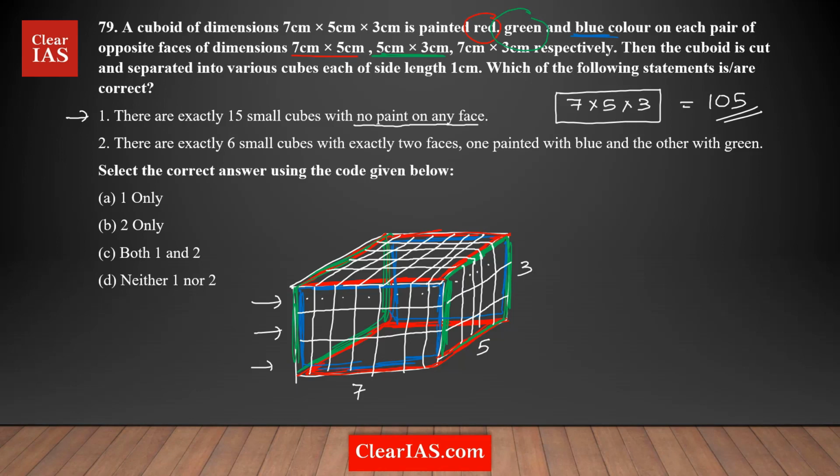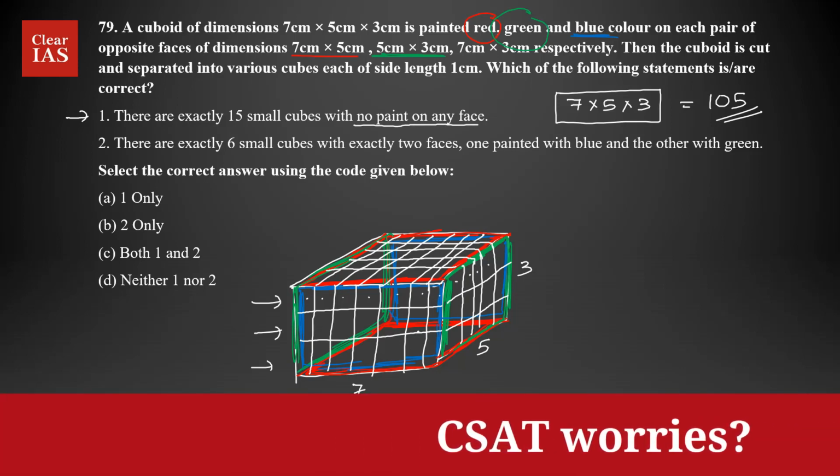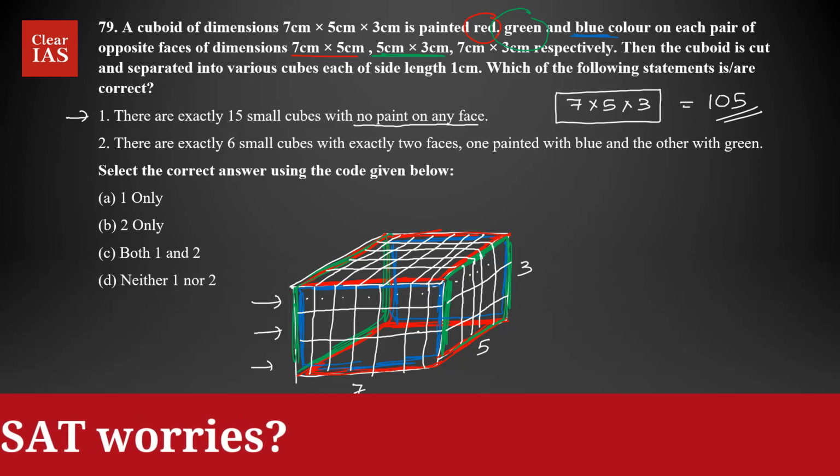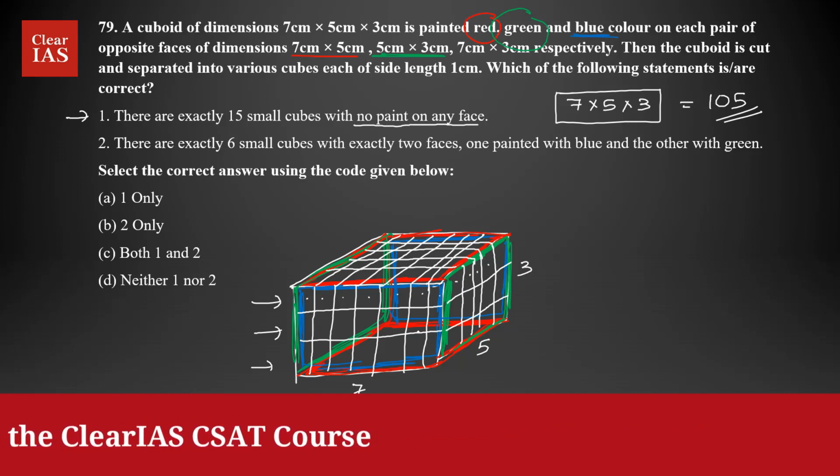And the question is asking, out of this 105, are there exactly 15 small cubes with no paint on any of the faces? That means I need to find how many of the cubes are hidden, that you are not able to see. If you are able to see them when you paint it, that means at least one of the faces will be painted.